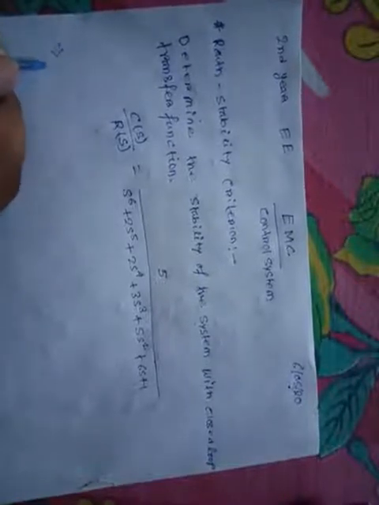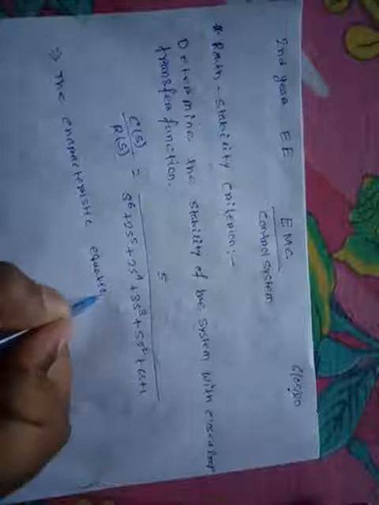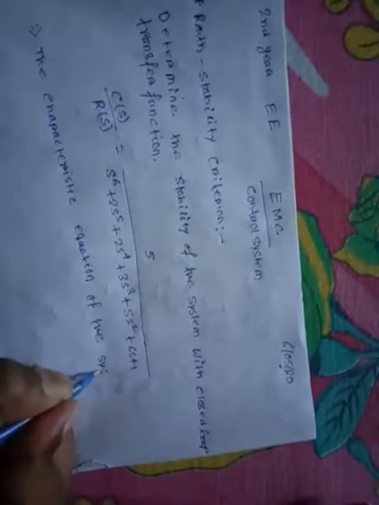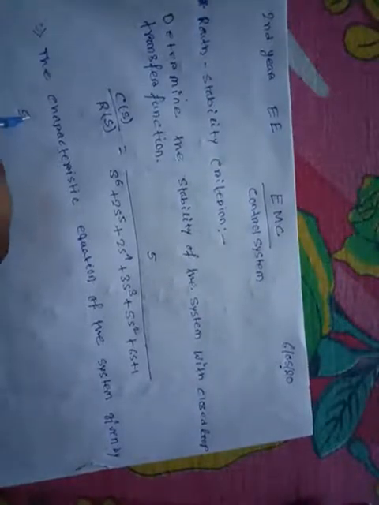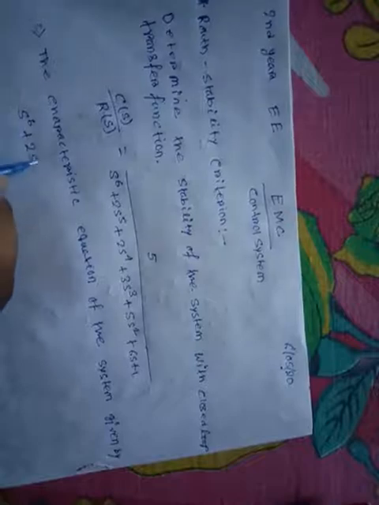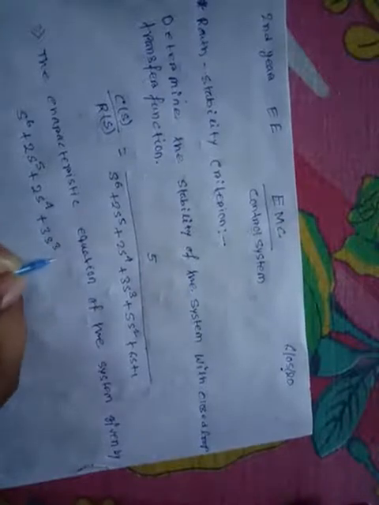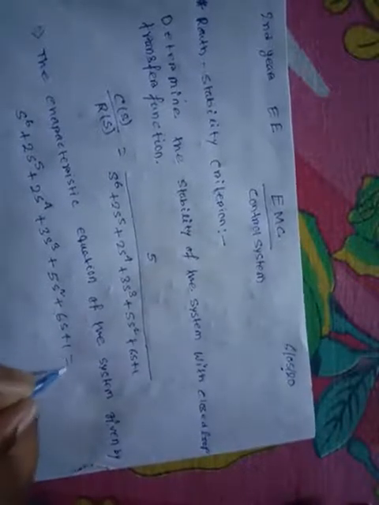The characteristic equation of the system is given by s to the power 6 plus 2 s to the power 5 plus 2 s to the power 4 plus 3 s cube plus 5 s square plus 6 s plus 1 is equal to 0. This is called the characteristic equation.